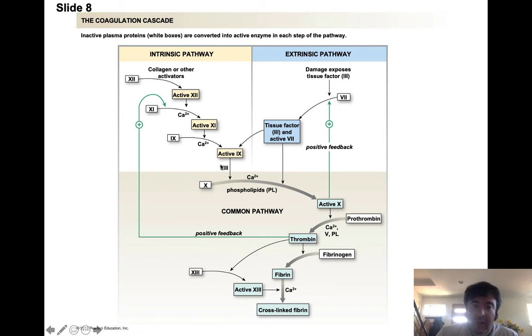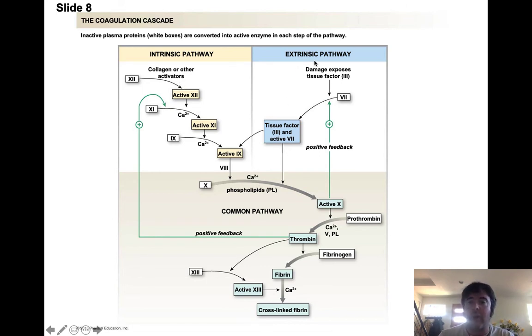Clotting factor 9 activates clotting factor 8. Clotting factor 8 then converts clotting factor 10 into active clotting factor 10. This is the common pathway right here, right? Meaning that both the intrinsic and extrinsic pathways will act on this pathway.